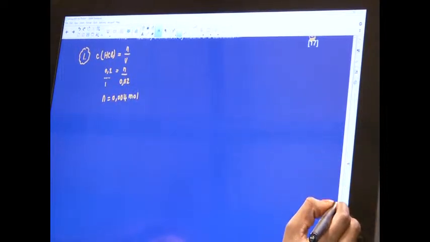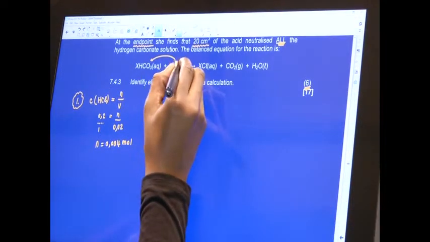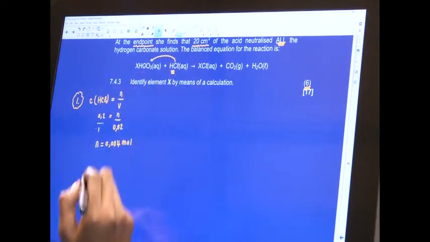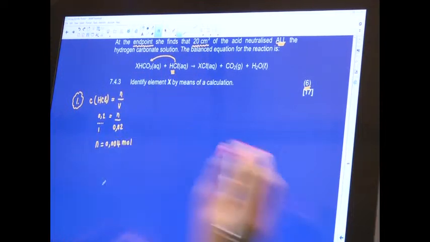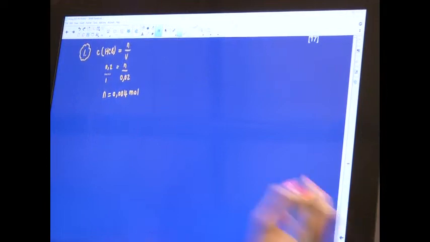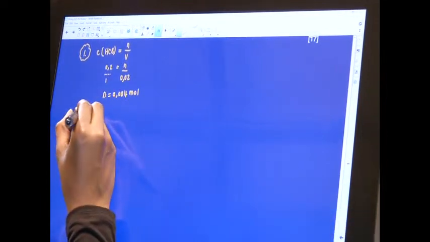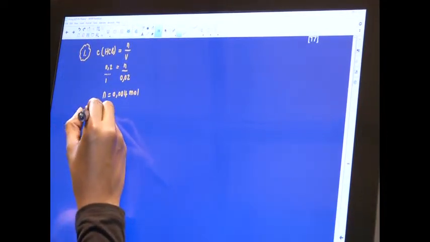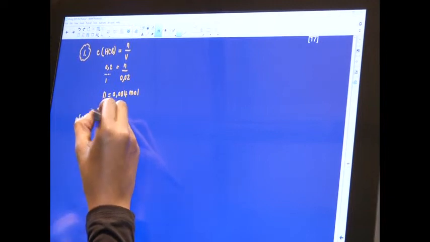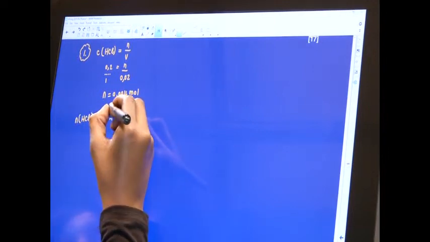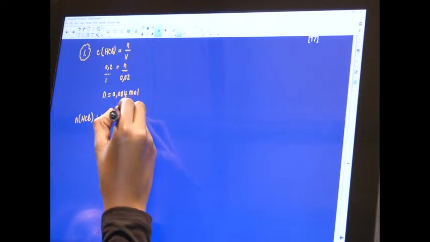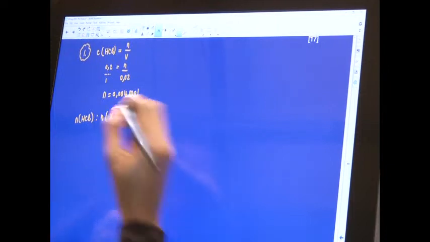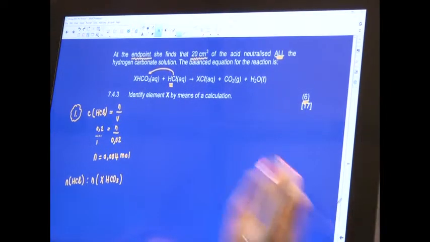But remember what I said, I need to use what I have for the HCl, and I need to move to my unknown molecule. I'm going to use mole ratios. I'm therefore going to say my moles of HCl, compare that with my moles of the unknown X attached to the HCO3. This is a mole ratio of 1:1.